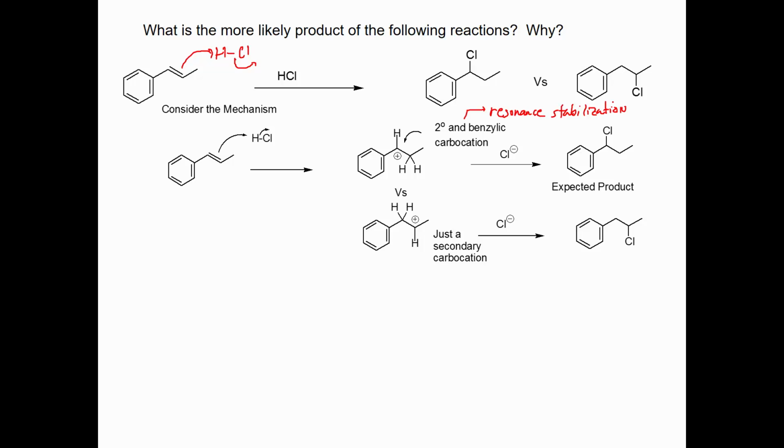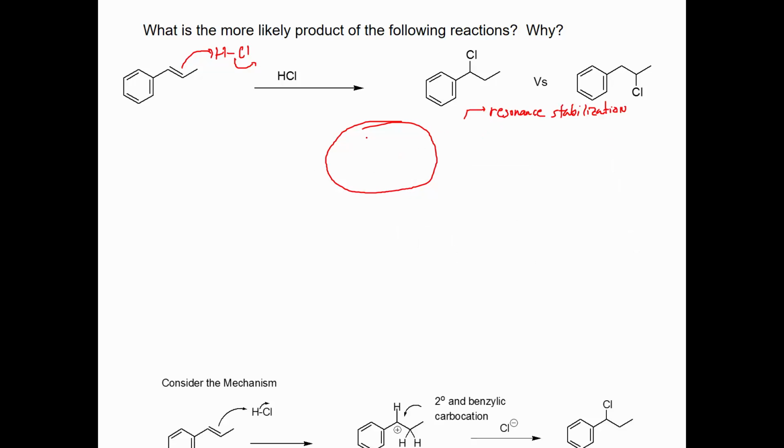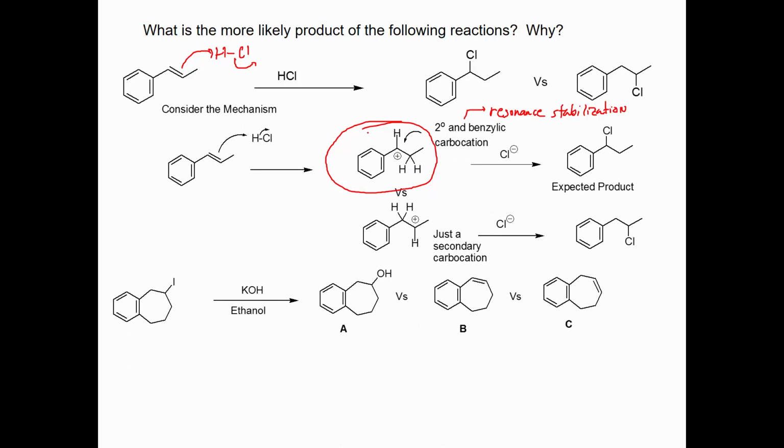And remember that this reaction is governed by the stability of the carbocation intermediate, right? So we're expecting all of the product to arise from the more stable carbocation, this one right here. All right, so we expect the product on the left to be the product, okay? So this should be our major product. Or I guess I wrote it down here that it's the expected product.